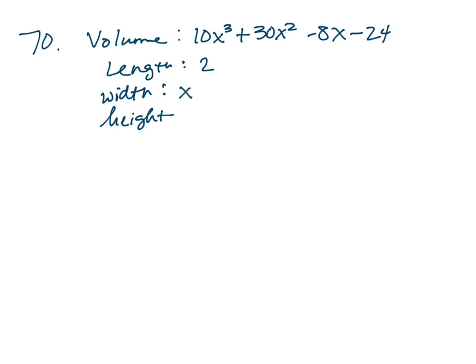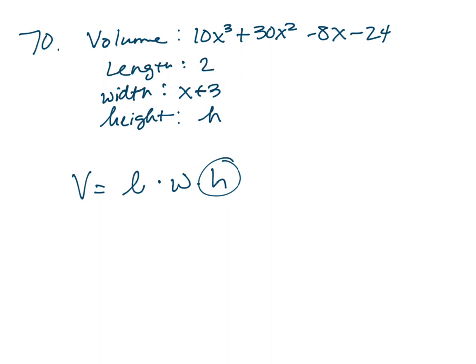Width is x plus 3. Height is the unknown, h. And so you have this situation where volume equals length times width times height, and you're supposed to solve for height. But it's kind of scary as to what do I do? How do I use the synthetic division here? What do I do to get the width where I can divide by x plus 3?